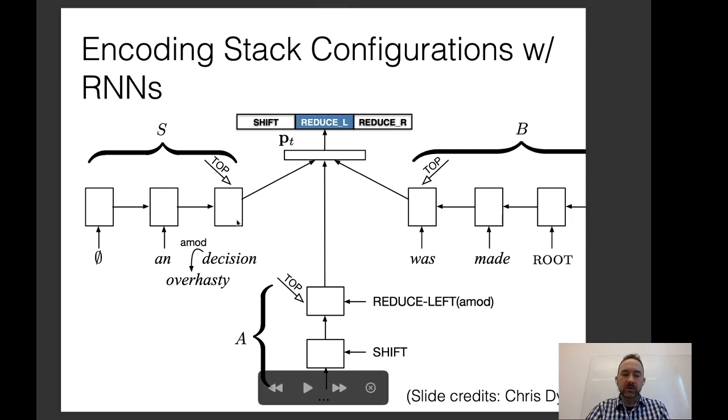So the way we can do this is actually relatively simple conceptually, maybe a little bit more difficult computationally, but what we do is we essentially run any tree-structured composition function that we would like to encode this subtree, which can then just be fed into an LSTM or any sort of sequential network.